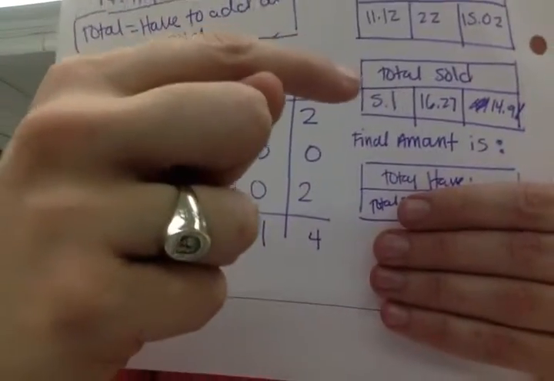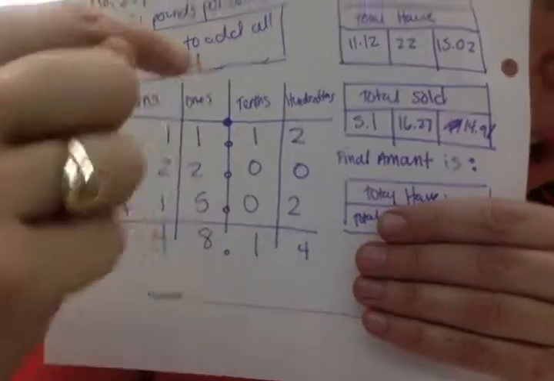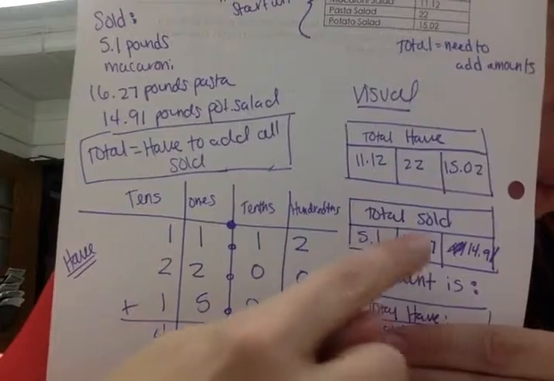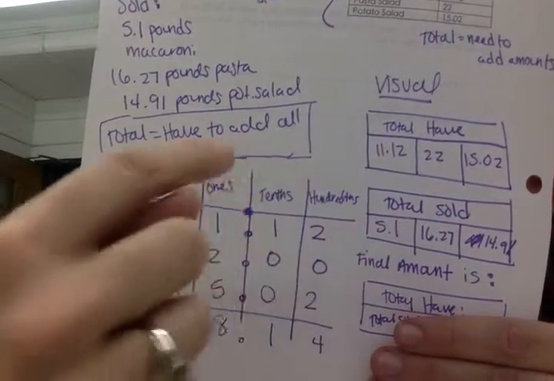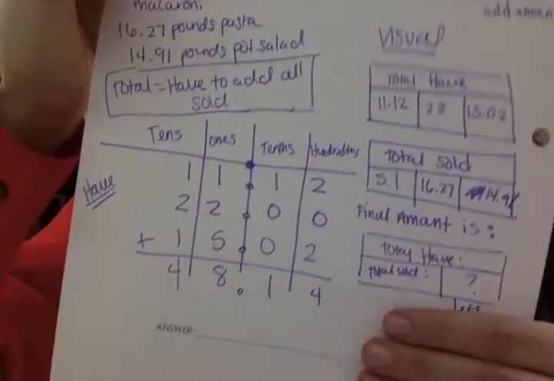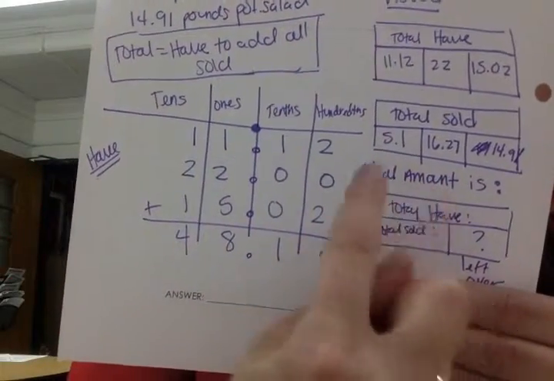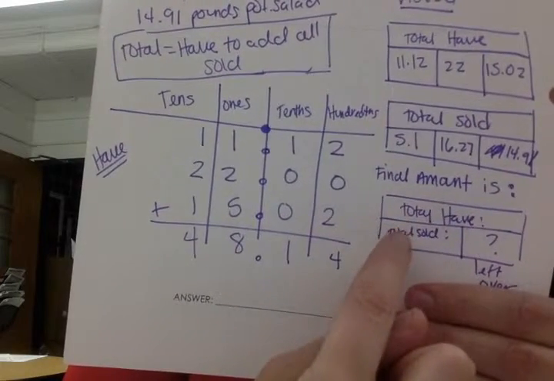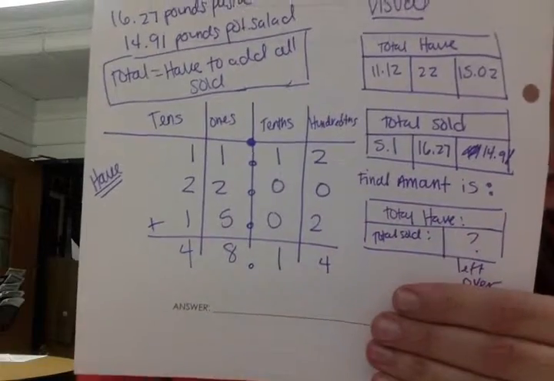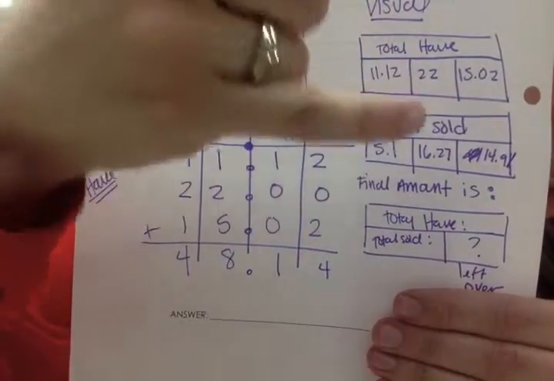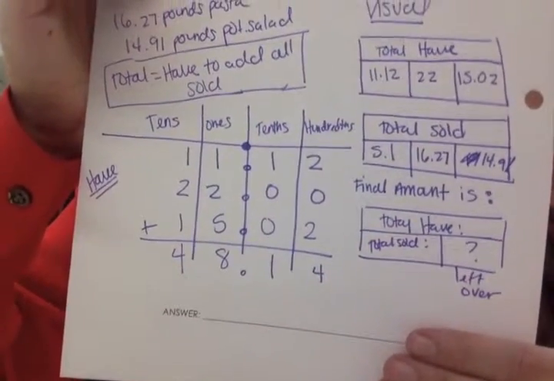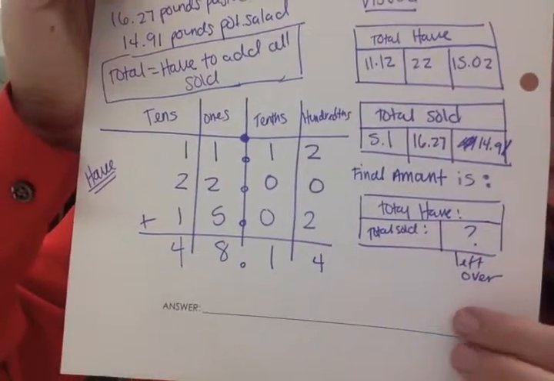The next bar model, I'm going to find the total that they sold, so I take these numbers from my notes and put them into the segments of the bar model to add them up. Then finally, I'm going to take my starting total and subtract the total amount that they sell, and that will give me the difference. If I follow these step-by-step processes as I'm working, that will get me my final answer. This question mark is my final answer.